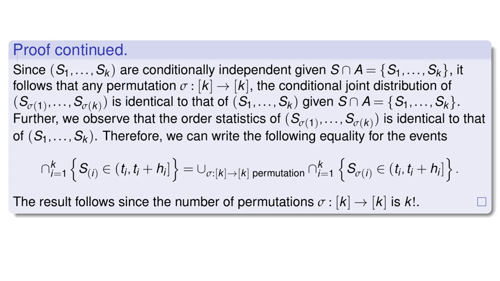Continuing the proof, since S1 through Sk are conditionally independent given S intersect A equals the set S1 and so on till Sk, where A is our window interval open from 0 to t closed, it follows that for any permutation sigma mapping integers 1 to k to integers from 1 to k, the conditional joint distribution of S sigma 1 and so on till S sigma k is identical to that of S1 and so on till Sk given S intersect A is the set S1 and so on till Sk.